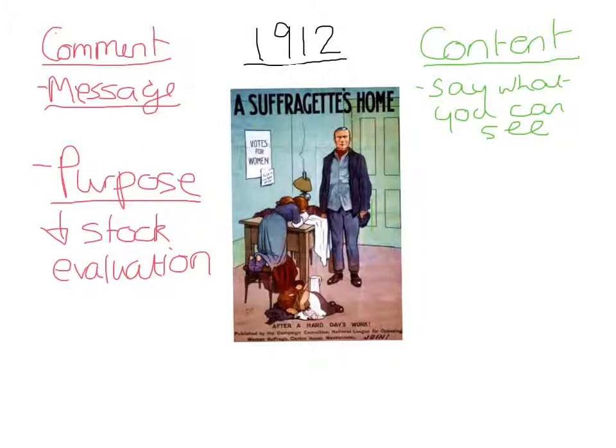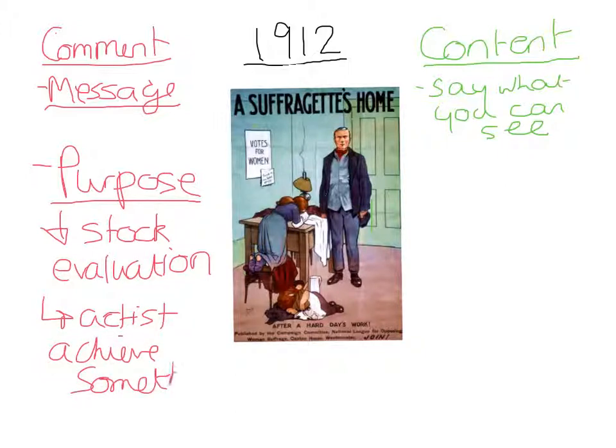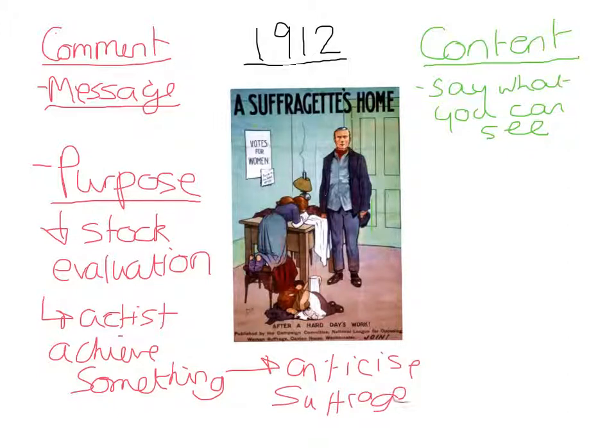A purpose of the source is that the artist is looking to achieve something. So in this source, the artist is looking to criticise suffragettes and show that it has an impact on the homes.